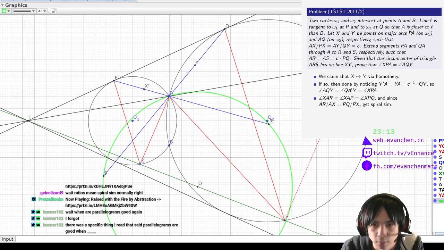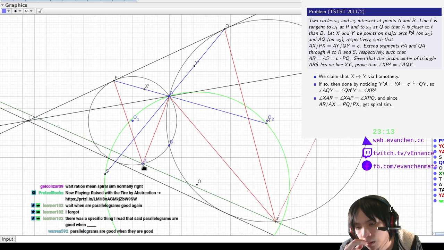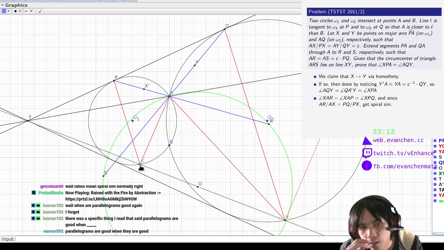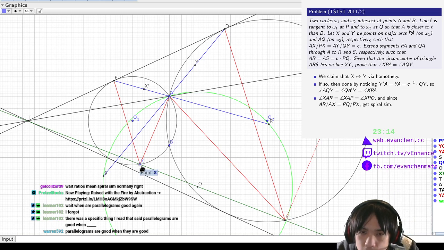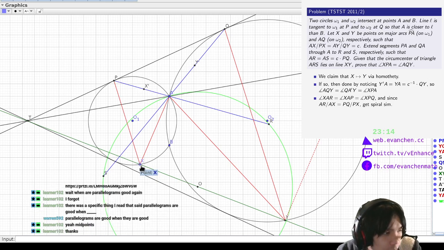Okay. Midpoints, I think, is probably what people were talking about. So I think the C condition is sort of mostly used at this point.